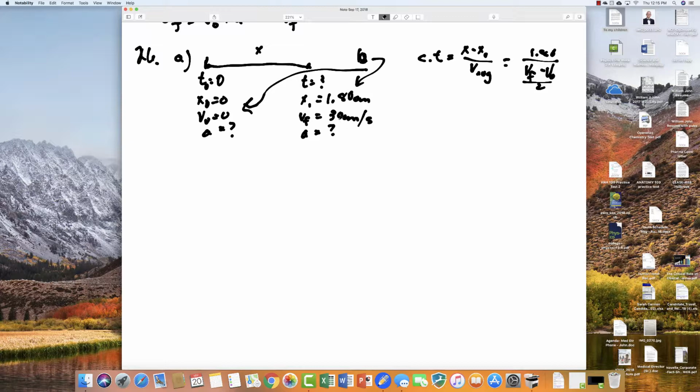The final velocity is 30 and the initial velocity is 0, so 30 divided by 2 is 15. So we end up with 1.8 centimeters divided by 15 centimeters per second. If you do the math here, you get 0.120 seconds.